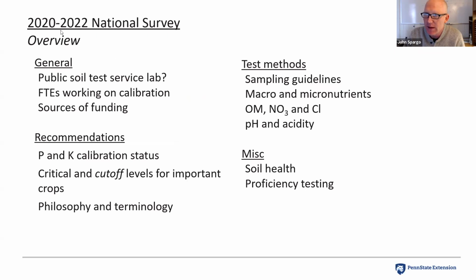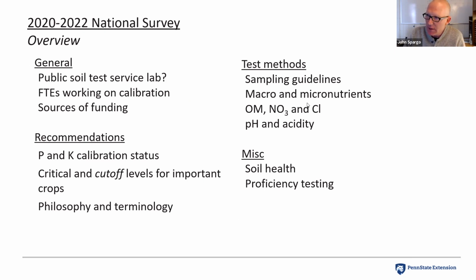We ran the survey. I think we initially sent it out in 2020. We've been collecting, correcting, and dialing things in for the last couple of years. As you'll eventually get to see, it's because this was a really comprehensive survey. We collected a ton of information, from general questions like does your institution have a public soil test service lab, to number of FTEs working in soil fertility, calibrations through recommendations, philosophies, and terminology.